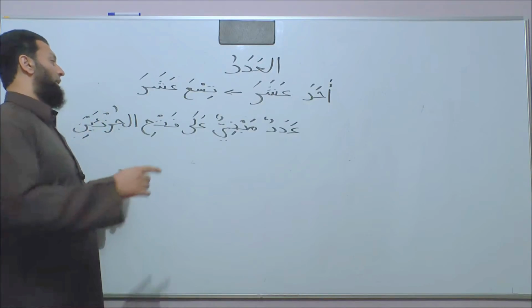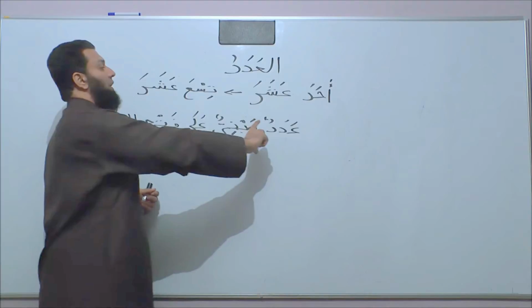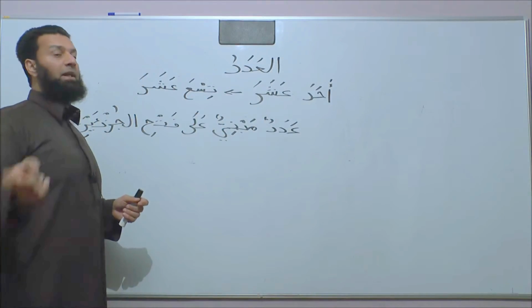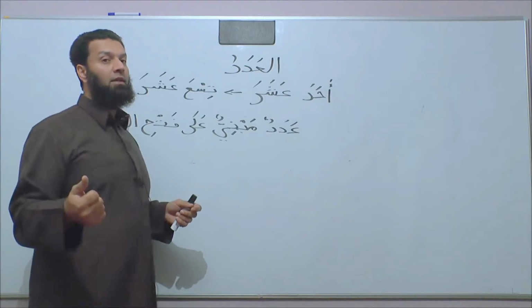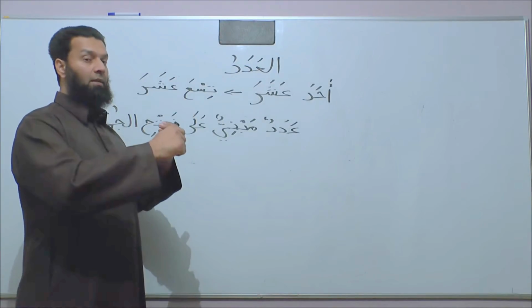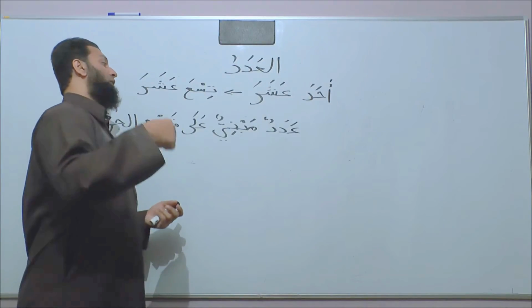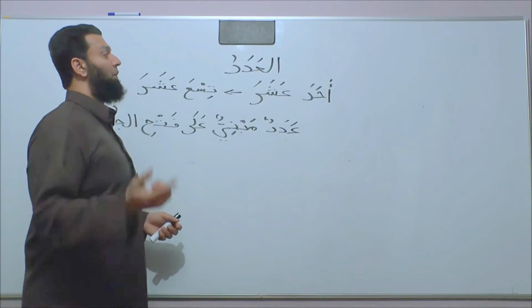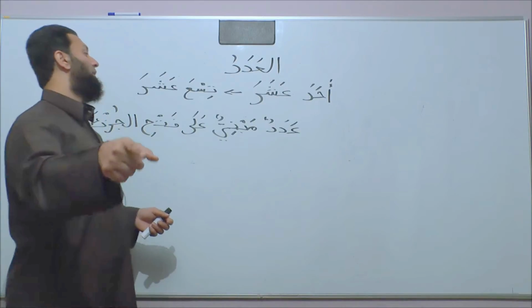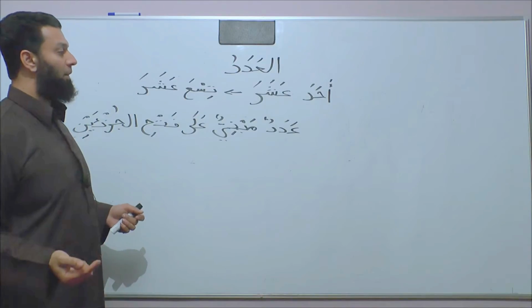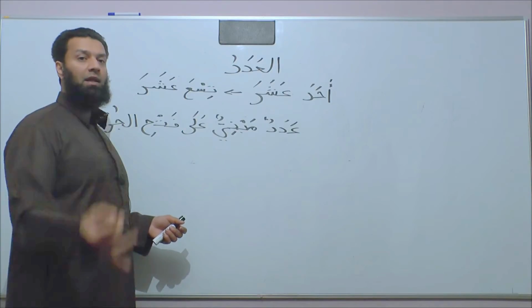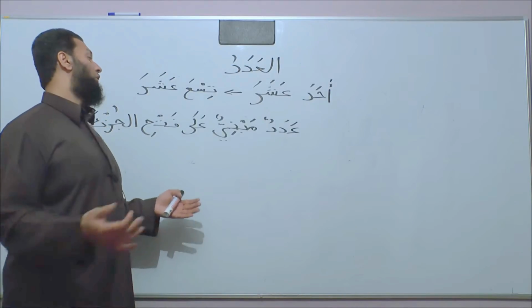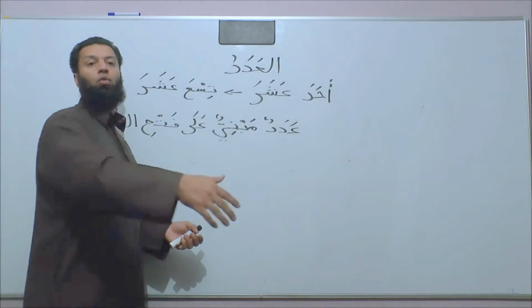Now, that is how we're going to describe the numbers. But in terms of whether it's the fa'ilun or the maf'ulun bihi, we will say, for example, fi mahalli raf'in fa'ilun, or fi mahalli nasbin maf'ulun bihi.